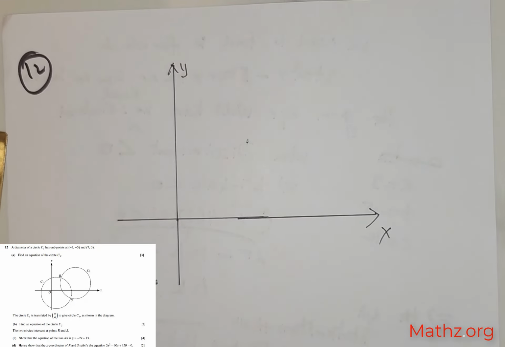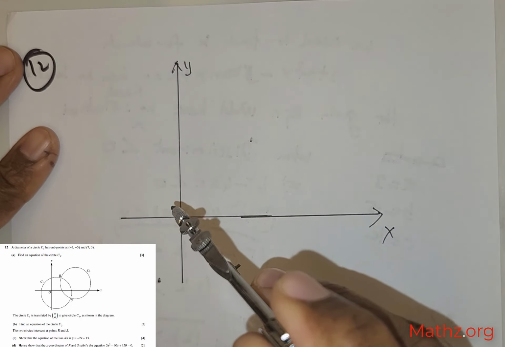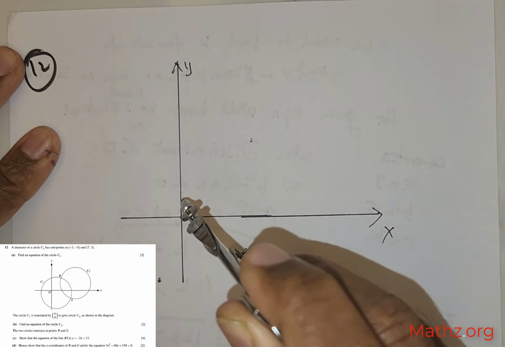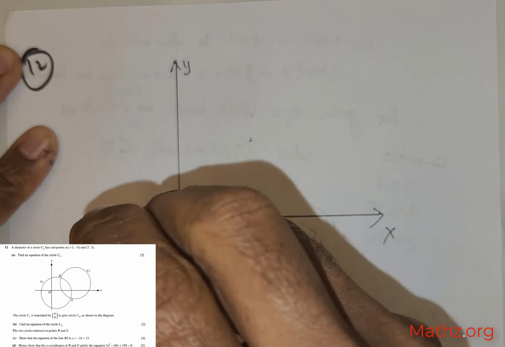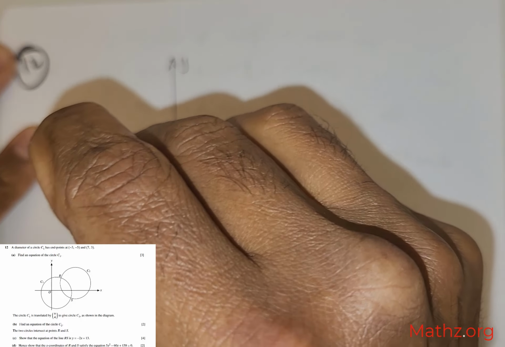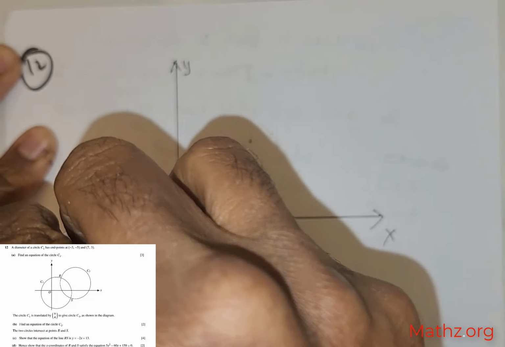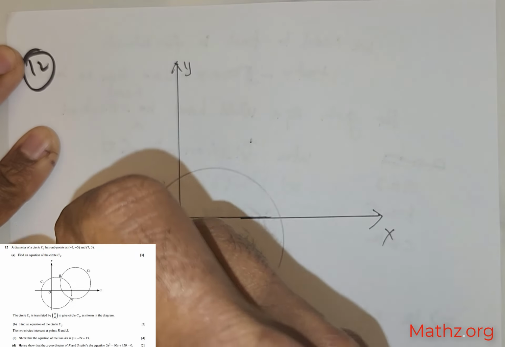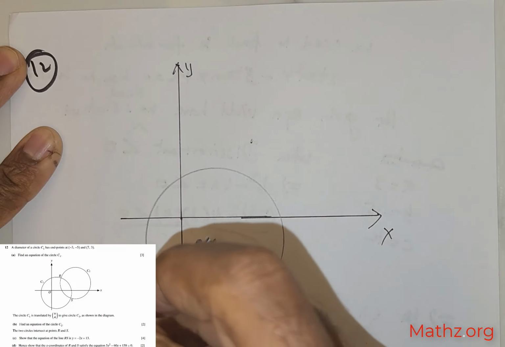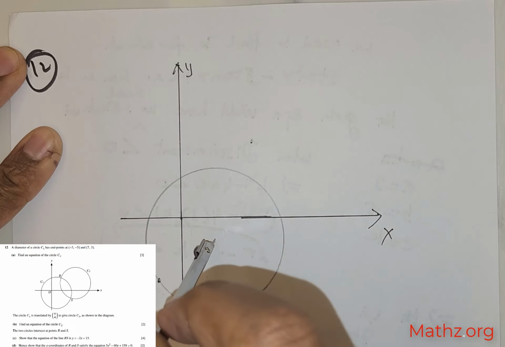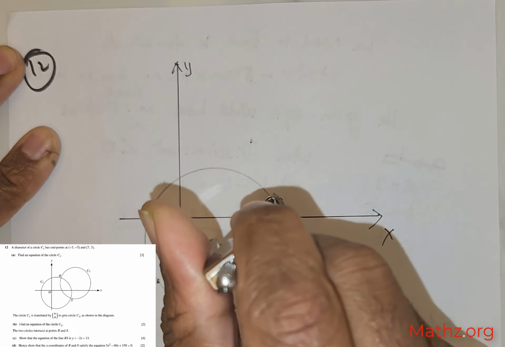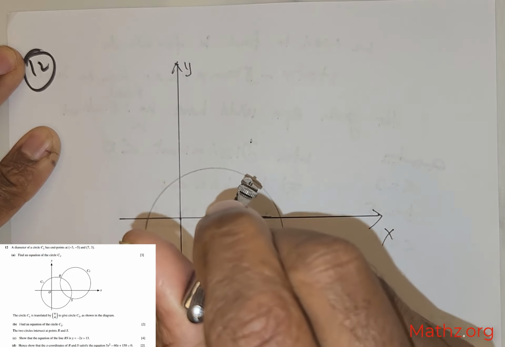So we got two circles. I want to draw those circles. So probably this is a circle. Okay, all right, this is one circle.